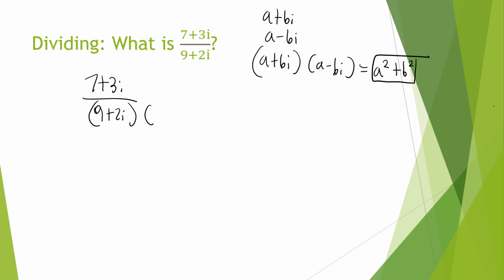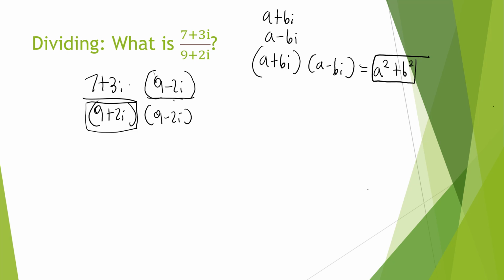So we can fix that by multiplying both the numerator and the denominator by the conjugate of this complex number, 9 plus 2i. So let's do that. Notice that I'm multiplying both the numerator and the denominator by the conjugate. When you do that, these two cancel out to be 1, so it doesn't really change it.